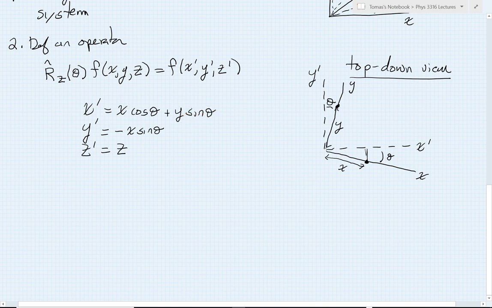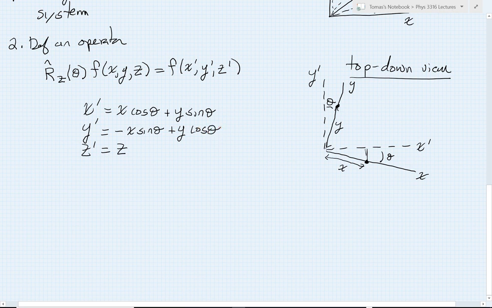So a general point with an x and a y would end up being the sum of these two. And likewise for the y prime coordinate, that would be this hypotenuse times cosine theta, because this is the adjacent side. So this would become plus y times cosine theta.